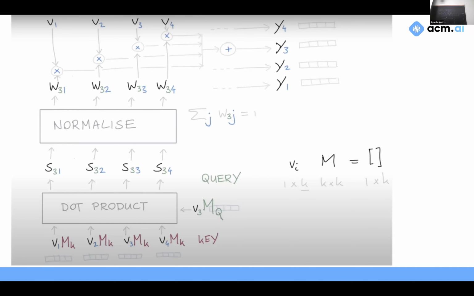Because then the neural network can learn ways to manipulate it. It's just an algorithmic process, this kind of combination, but it allows it to learn how it wants to combine, right?